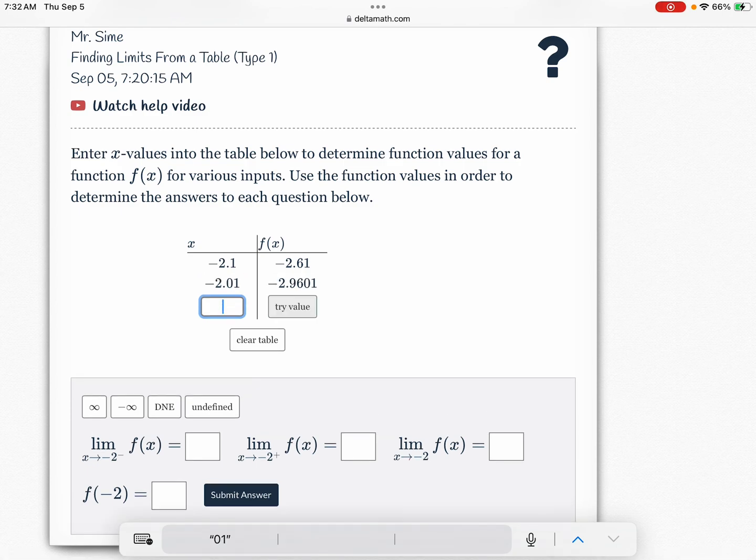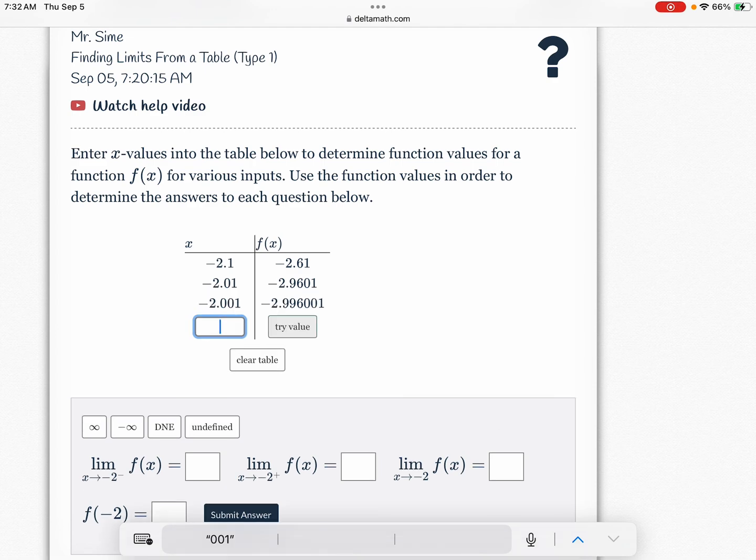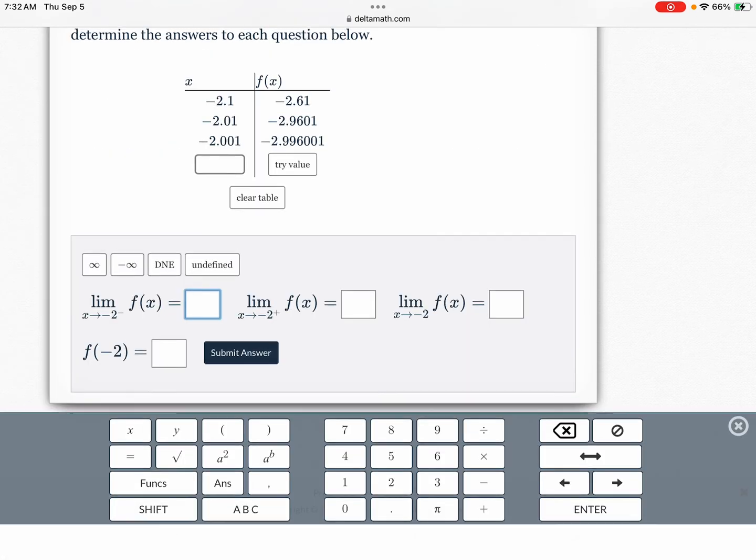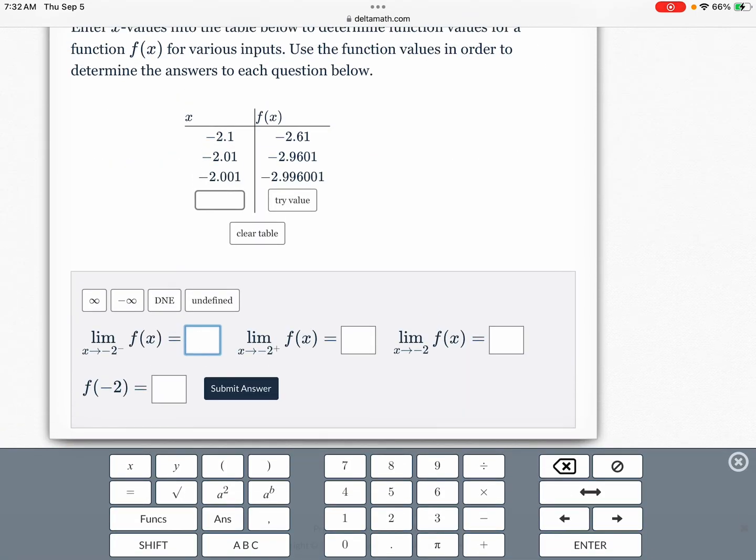And I tap try value, 1/1000th of a unit, -2.001. And I try that value. Now it looks like I'm getting closer and closer to a value of -3. That appears to be the case. So I'm going to make my educated guess here, and I'm going to say -3 over here.